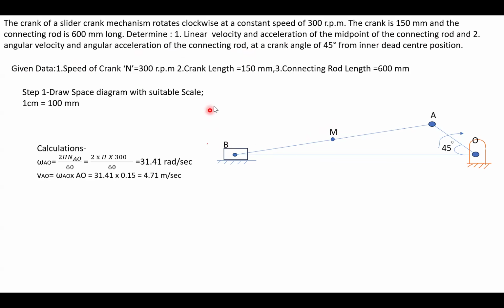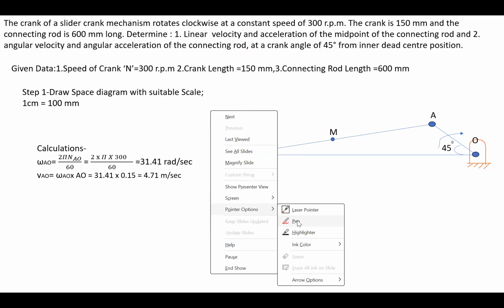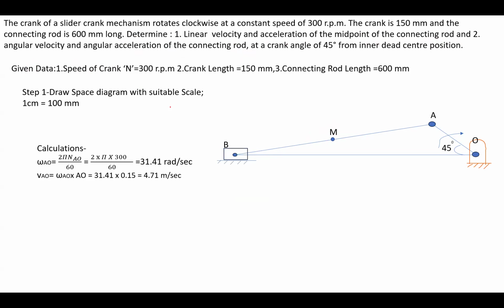After having this problem, you have to draw the space diagram. To draw the space diagram, you have to select one scale. So, we have selected appropriate scale of 1 centimeter equal to 100 mm. By using this scale, we have first drawn a horizontal line.